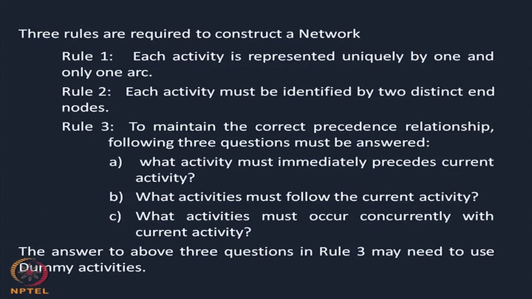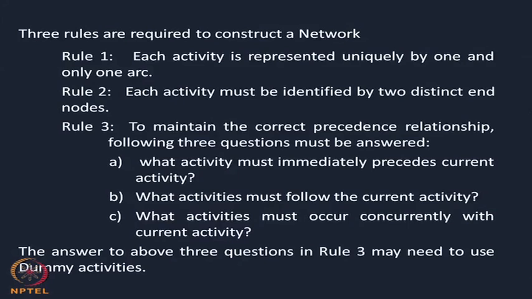The next is how to construct a network. Some rules are there. Rule 1 is each activity is represented uniquely by one and only one arc. That is, between the starting node and ending node of an activity there will be only one arc, and the flow will be only on one side, not more than one side.